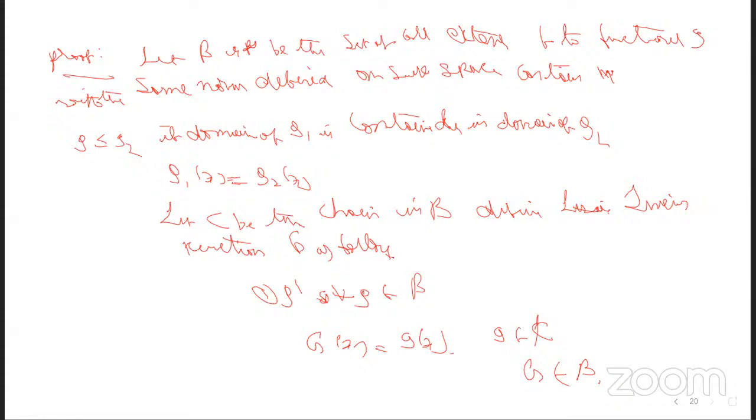By lemma 6.4.2 for real case and lemma 6.4.3 for complex case, f naught can be extended to f naught dash, and f naught dash belongs to B. This is a contradiction of the maximality of f naught in B. Hence M naught equals N. This completes the proof.